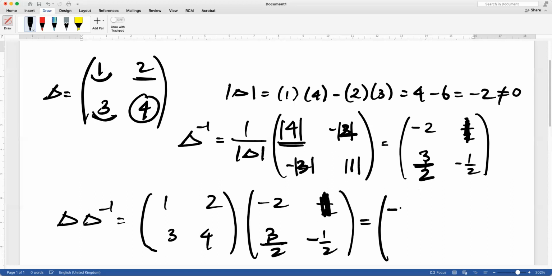This is -2 plus 3. Is that okay? Yes, uncle. And then this will be 1 minus 1, and this will be minus 6 plus 6. You get 1 0 0 1. Yes, uncle. But don't get driven by the fact that we know the answer it is supposed to be.